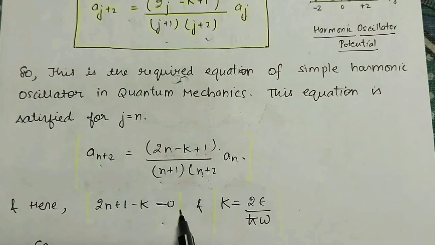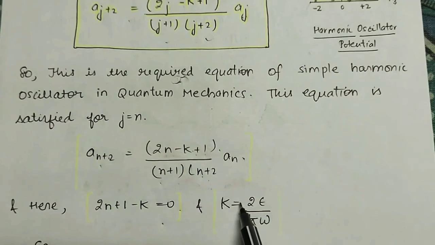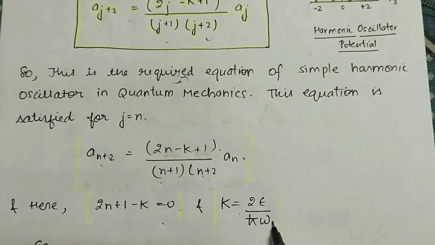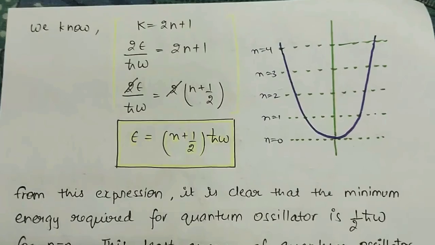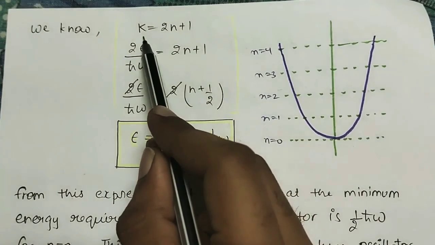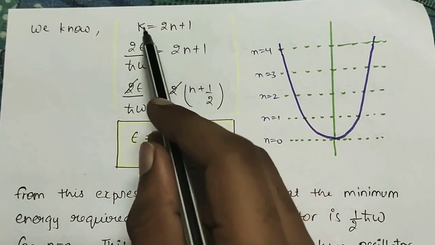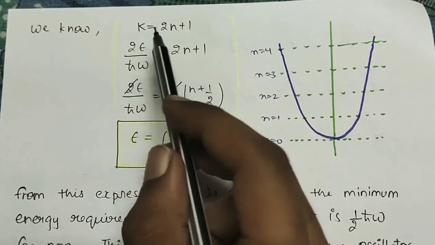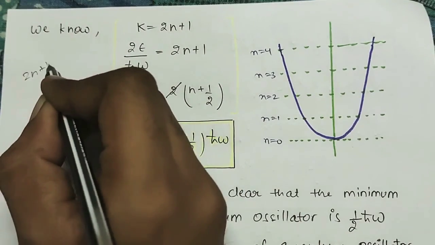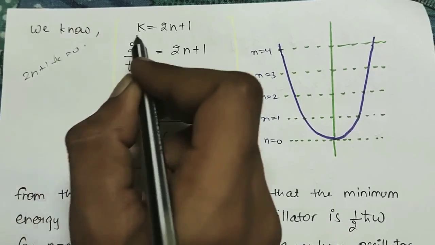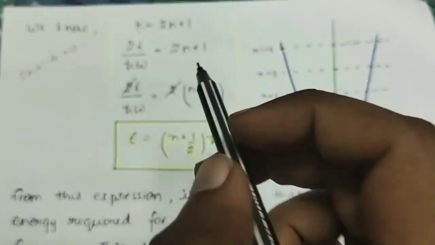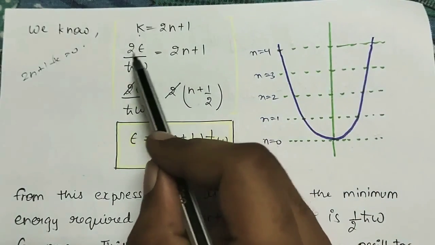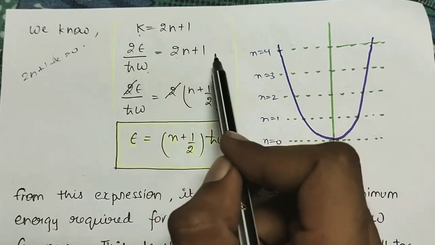As we know from before, k is equal to 2E over h cross omega. So now the equation 2n plus 1 minus k equals 0 gives k equal to 2n plus 1, and the value of k is 2E over h cross omega equal to 2n plus 1.